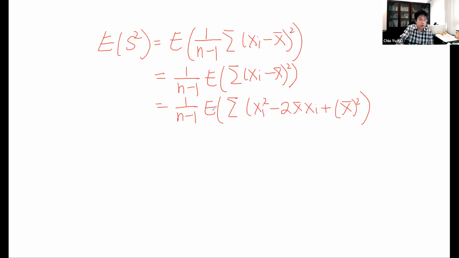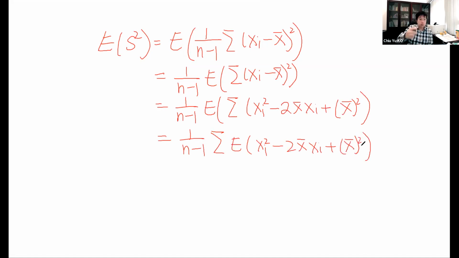Because it is a summation, we can take the expectation in: summation of expectation of xi squared minus 2 x bar xi plus x bar squared. Then you can put this one by one. This will be expected xi squared, and because they're the same for each one, I dropped the subscript i.